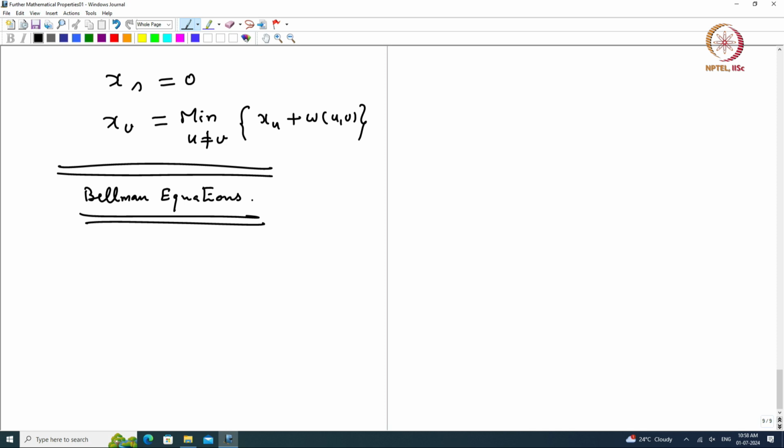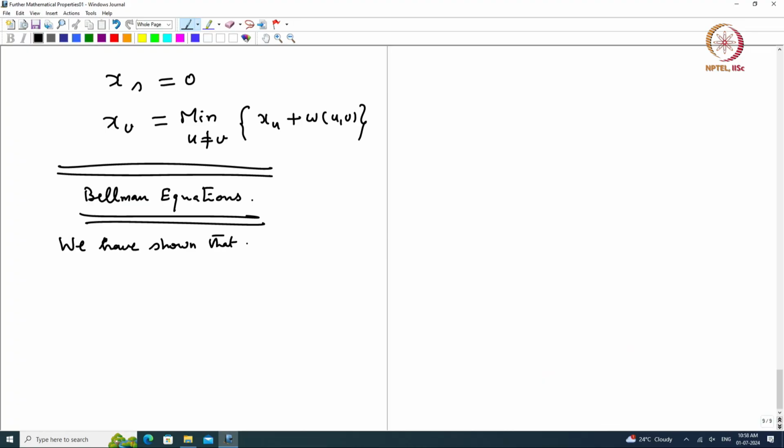Given a graph, you can always write down these equations because the graph has got weight uv. For each edge there is a weight, for each vertex there is a mathematical variable. So, n variables and you write down these equations, you have Bellman equation. A solution for Bellman equation is the shortest path distances.